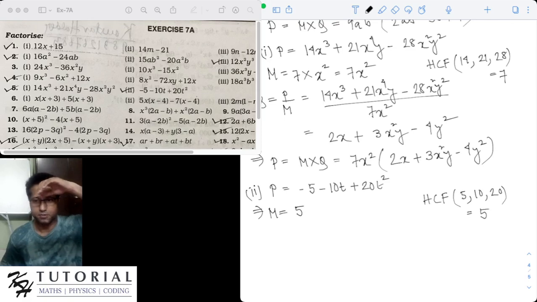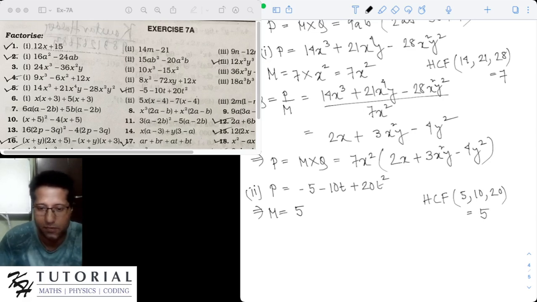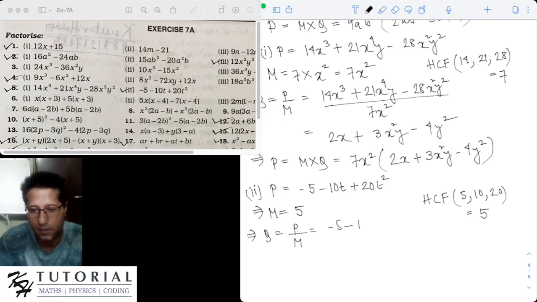There will be no variables because the terms do not have any common variable. So m is 5. So q will be p divided by m, that is minus 5 minus 10t plus 20t square divided by 5. This is equal to minus 1 minus 2t plus 4t square.